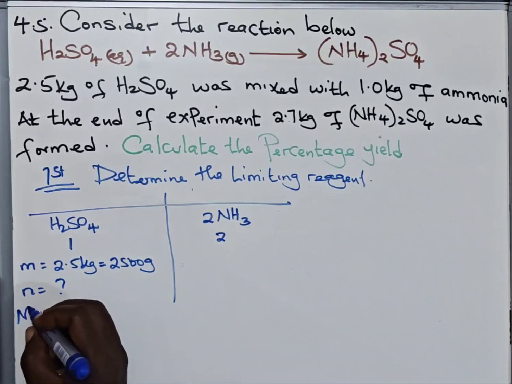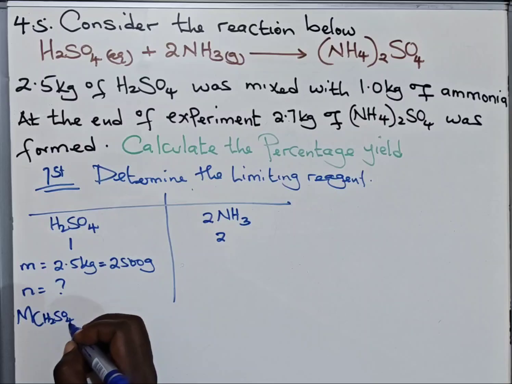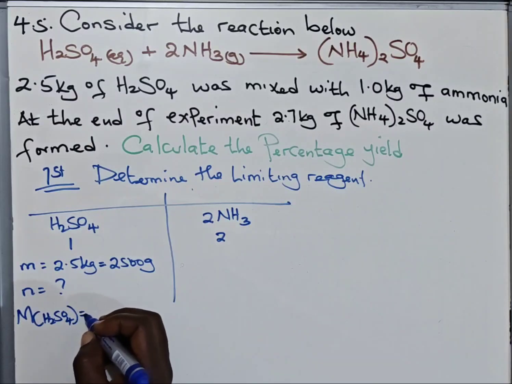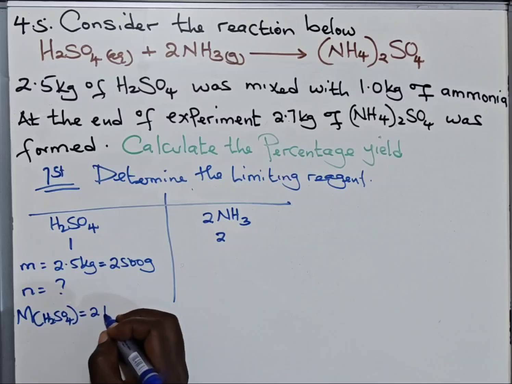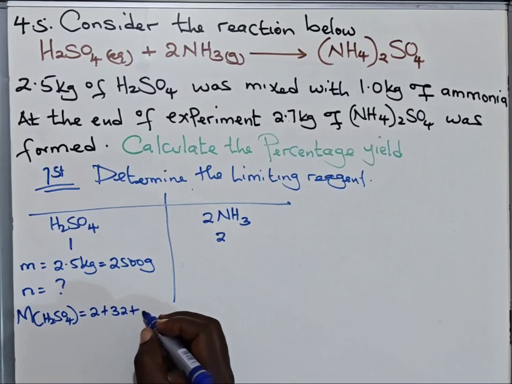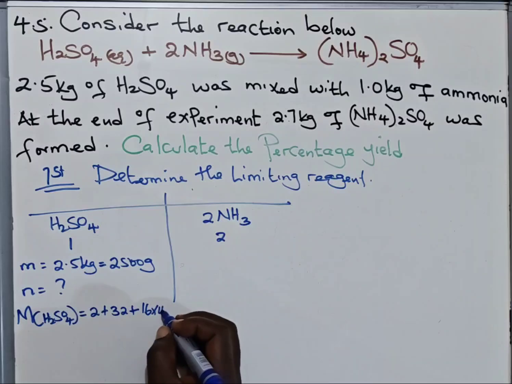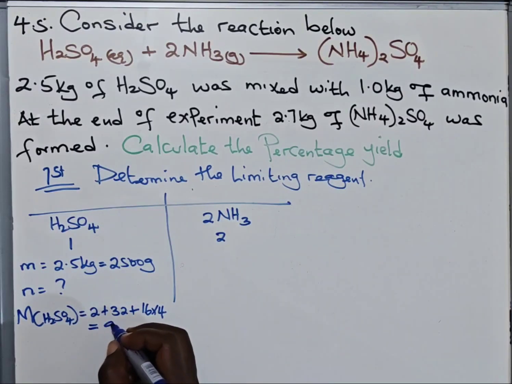So we will need the molar mass of sulfuric acid. And here you need to know that hydrogen is 1 times 2, which is 2, plus 32, plus 16 times 4, giving you 98.